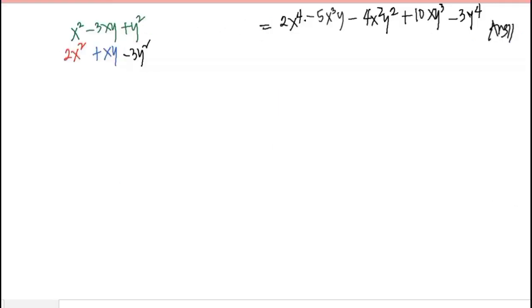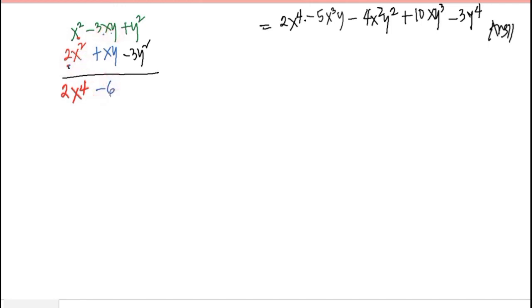So kung yung tinuro ko kanina ay paatras galing sa dulo, so try naman natin simula dito papuntang kanan. So we have here 2x squared times x squared, so that's 2x to the fourth. And this 2 times negative 3 is negative 6.